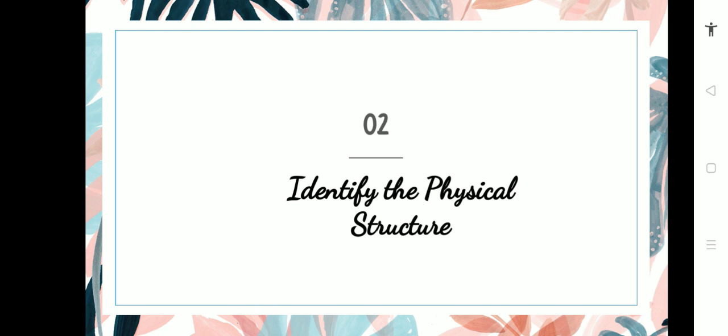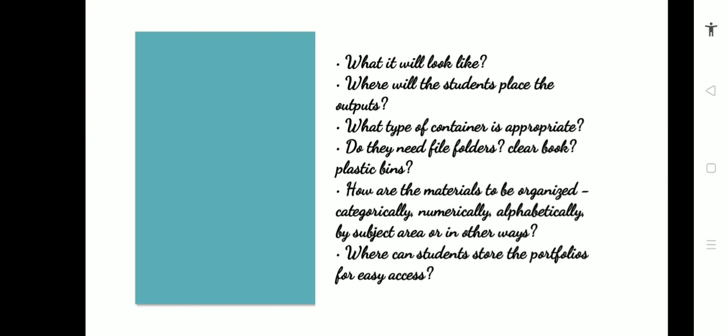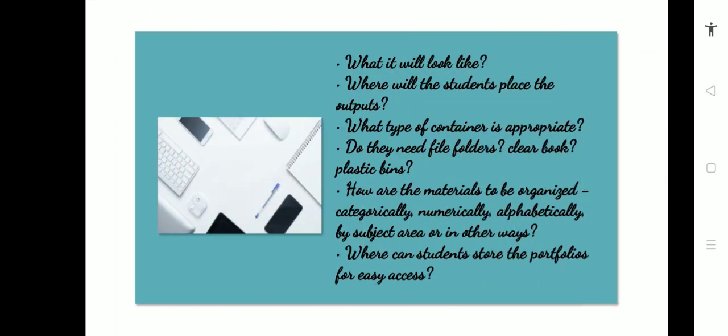Okay, so I have here some practical questions. The first one is, what will it look like? The second one is, where will the students place the outputs? Next is, what type of container is appropriate?